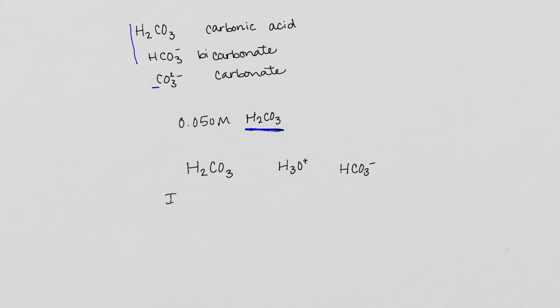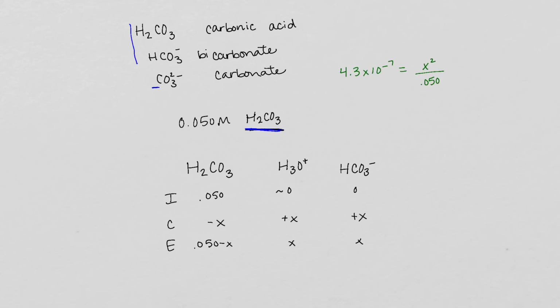You'll have your initial, your change, your equilibrium, and this is 0.050, and then we will lose X and add X over here. And then what we're going to need is our Ka value for the first dissociation of carbonic acid.